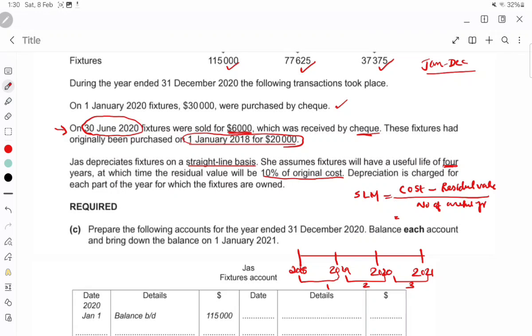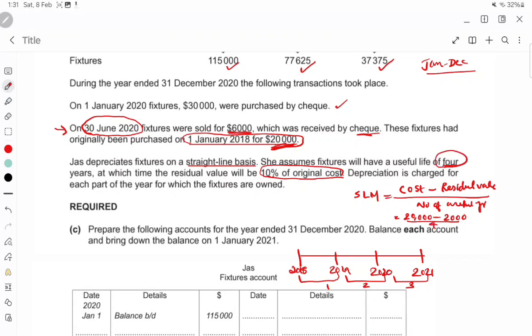Here cost price is how much? Cost price is 20,000 for the disposed asset. 20,000 minus residual value, which is 10% of the original cost. 10% of 20,000 is 2,000, divided by useful life, which is 4 years, as given.